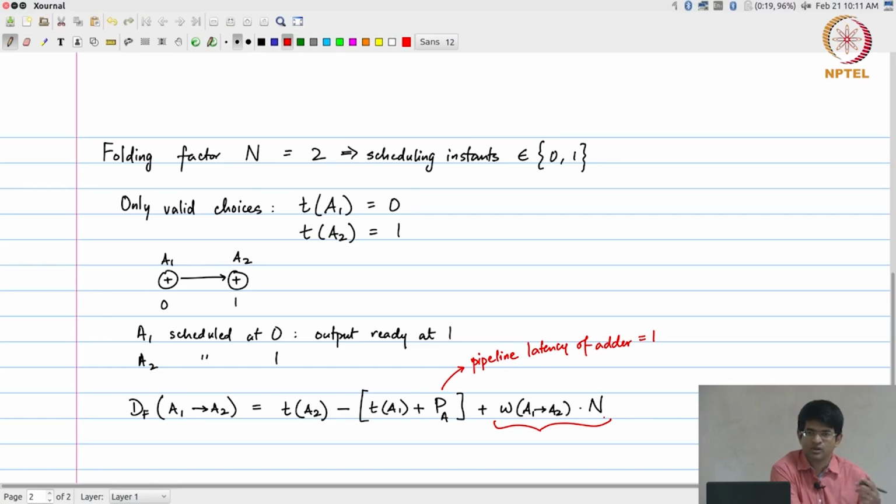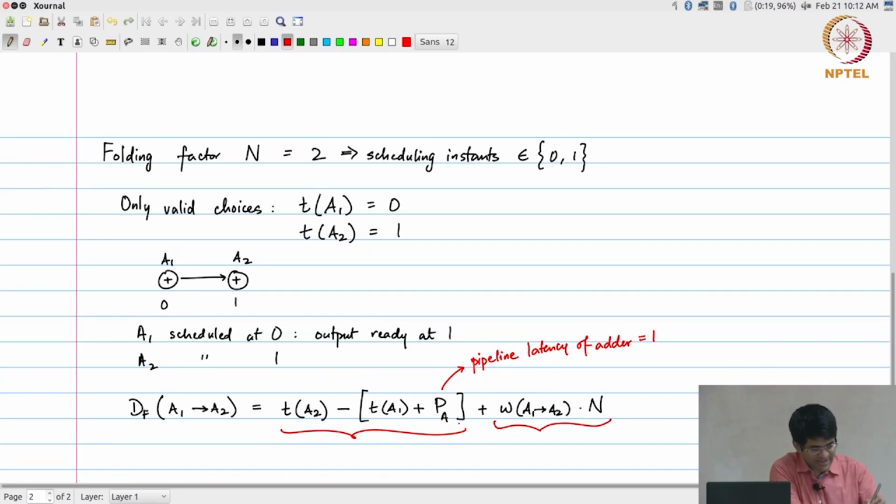Effectively what it is saying is, look, I computed the value of A1 in one previous iteration, I then just store it for N extra cycles and you then use it for A2. The interesting thing is, what this allows you to do is T of A2 can now be less than T of A1, right. If this W is greater than 0, in other words, I do not care if this T of A2 minus T of A1 plus PA is negative, because the W might be sufficient to bring it positive.